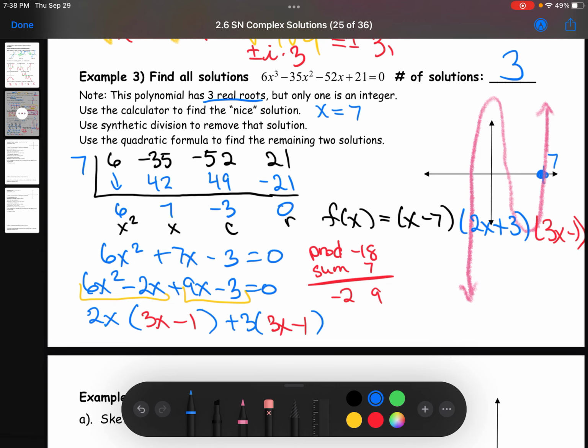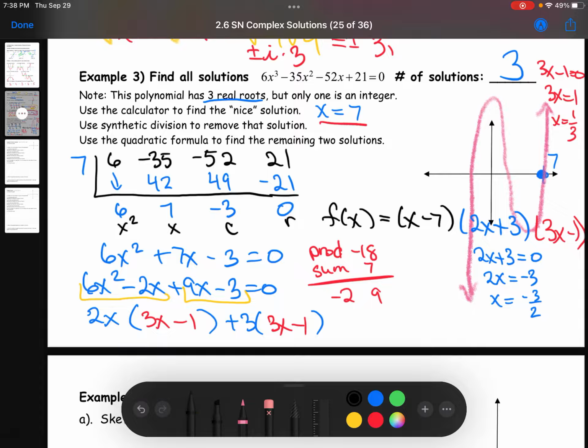Now, to solve these, we already know we had a solution at x equals 7. Take 2x plus 3, set it equal to 0. 2x equals negative 3. X is negative 3 over 2. Take 3x minus 1, set it equal to 0. 3x will equal 1.